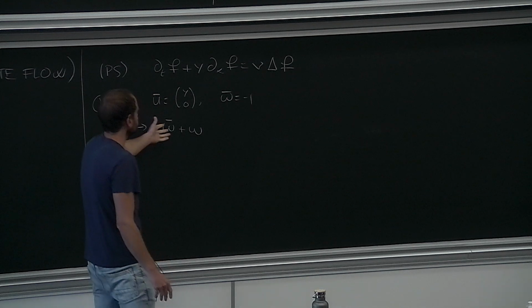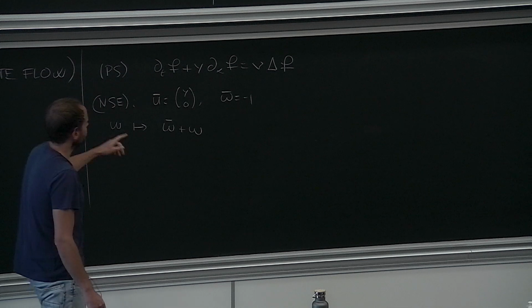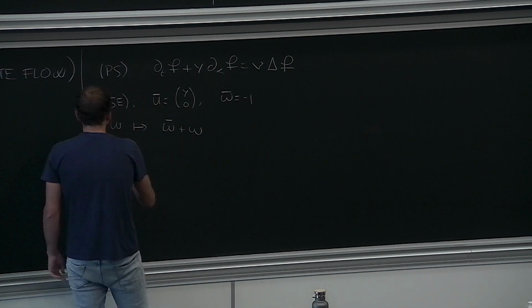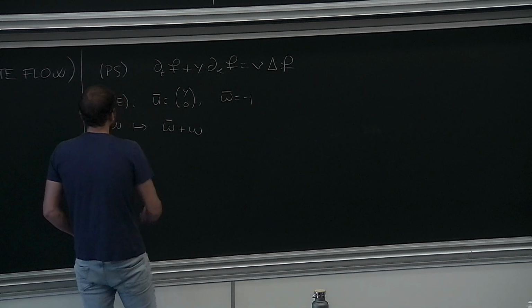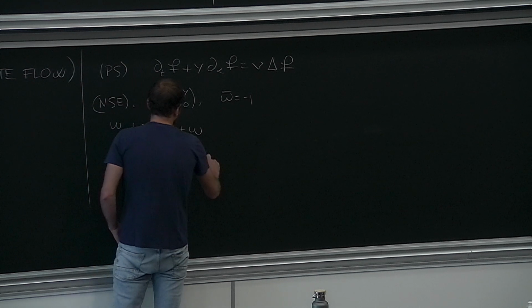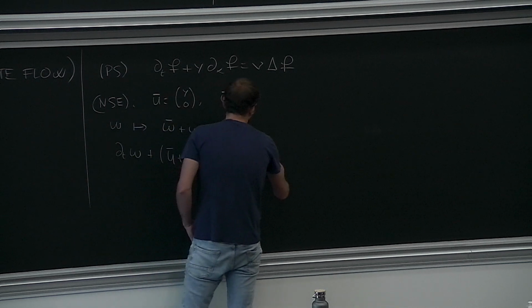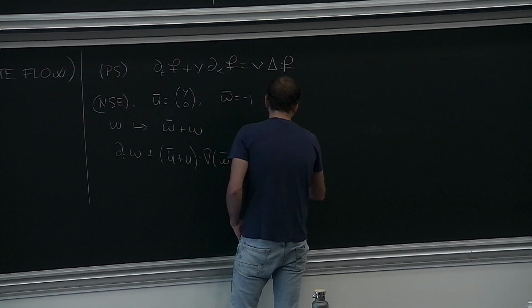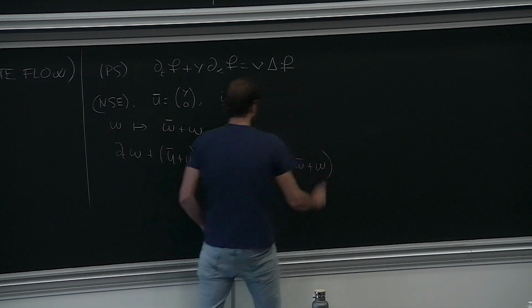But if I have a stationary solution to Navier-Stokes, I plug in and I want to write the equation for the perturbation omega. So I have dt omega plus (u bar plus u) dot grad of (omega bar plus omega) equals nu Laplacian of (omega bar plus omega).